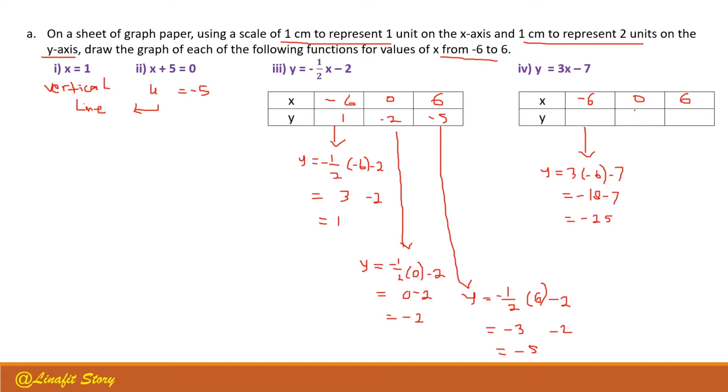When x is 0, so y is equal to 3x minus 7. 3 times 0 is 0. 0 minus 7 is -7.